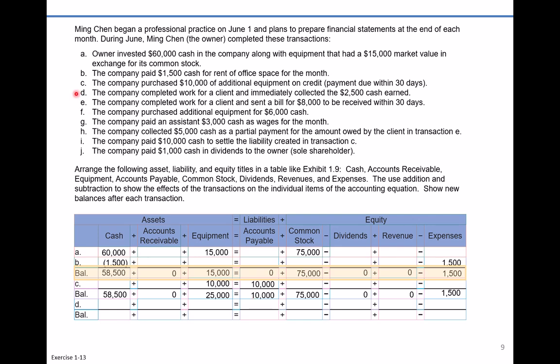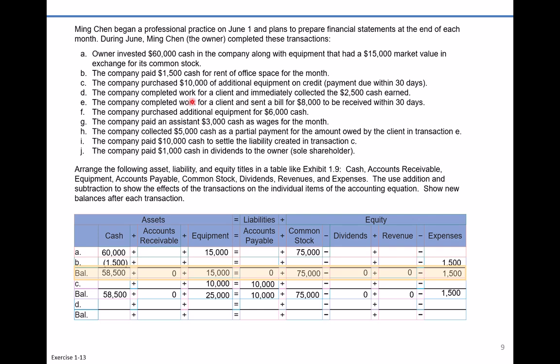The company completed work for a client and immediately collected $2,500 in cash. So what accounts were involved in recording this transaction? Well, we know that cash is involved because the company got $2,500 of cash. They got that for doing work for a client. Oh, that sounds like something that the company's in business for.